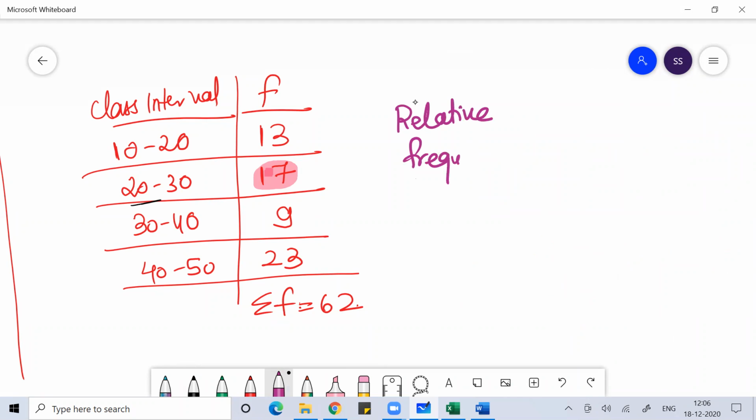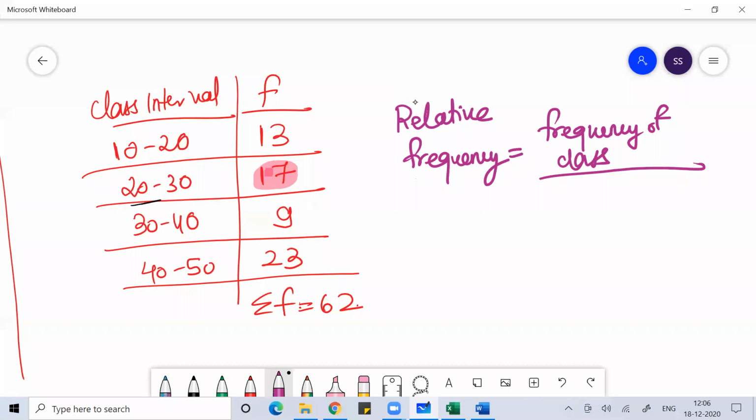Relative frequency basically means the frequency of the class divided by the total frequency, into 100.